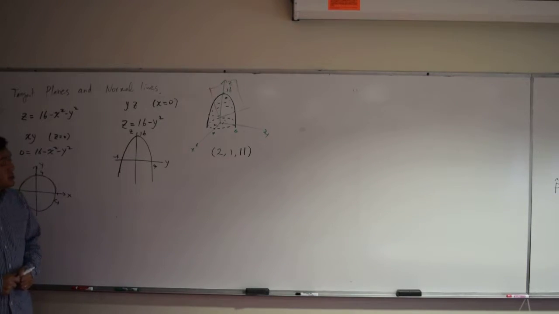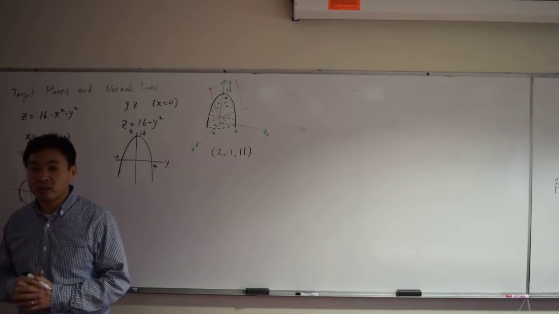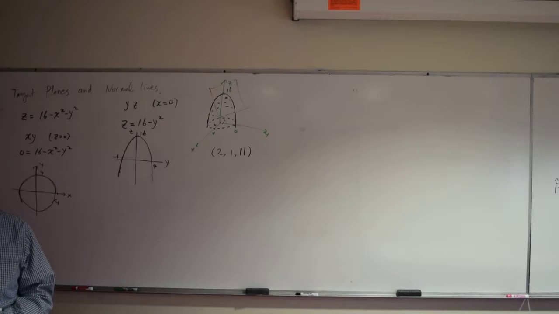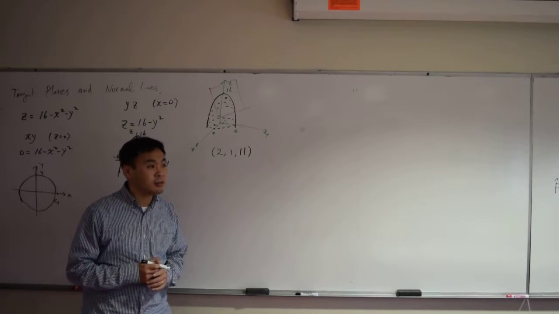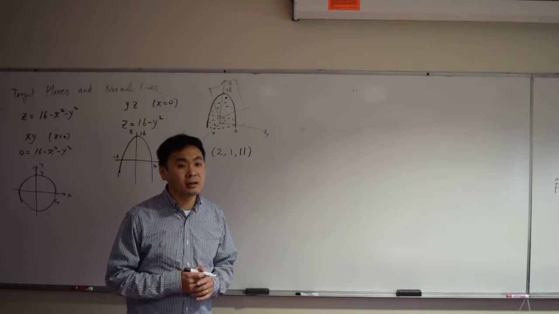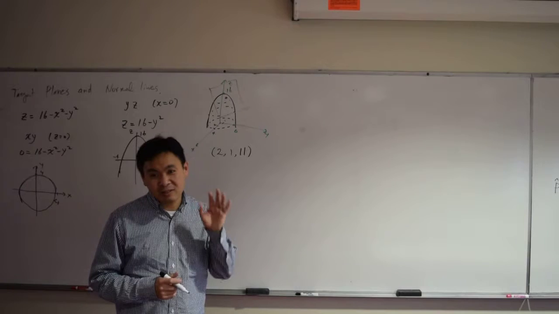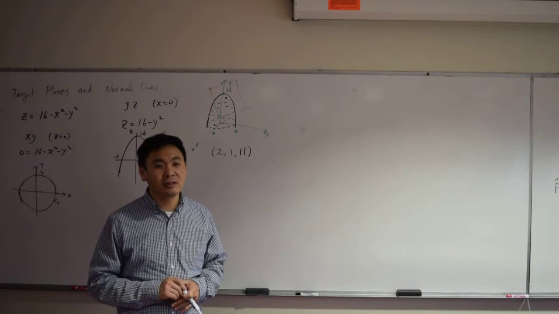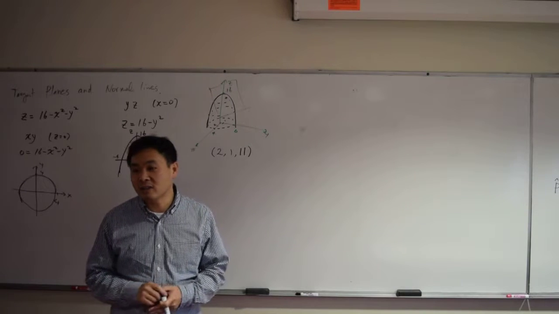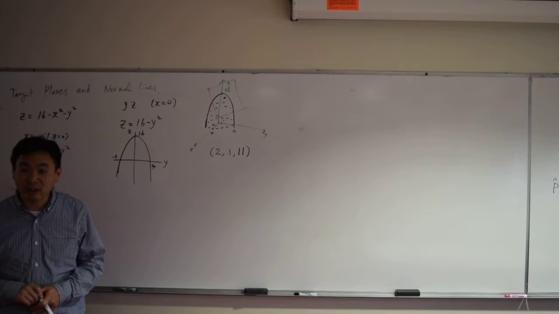To write an equation of a plane, what two things do you need? You need a point, okay? And then you need what? A vector. What kind of vector? A normal vector. That's what you need.